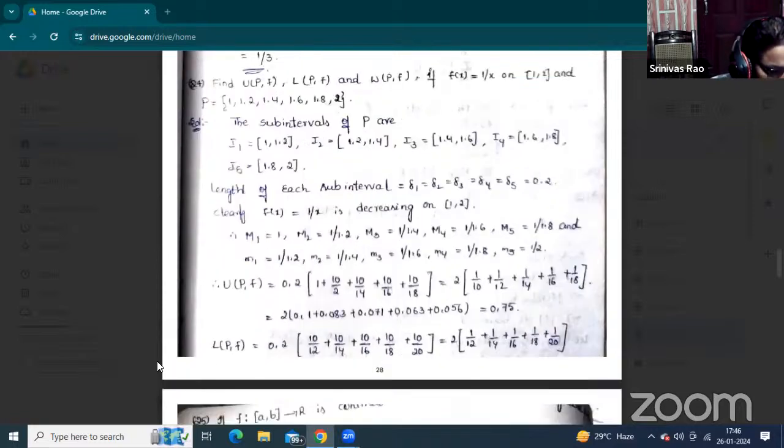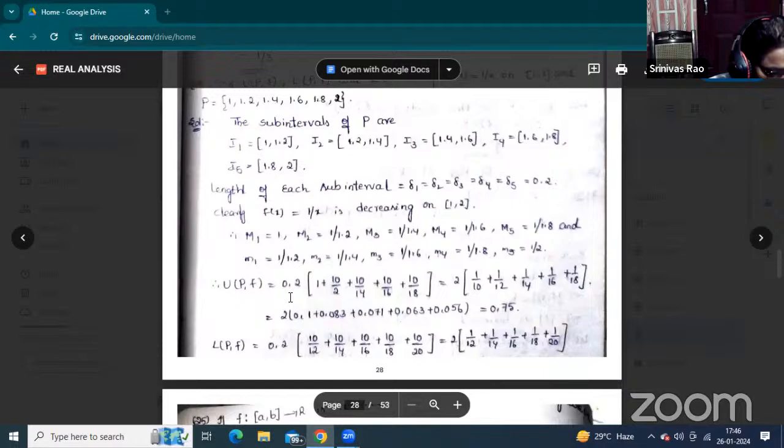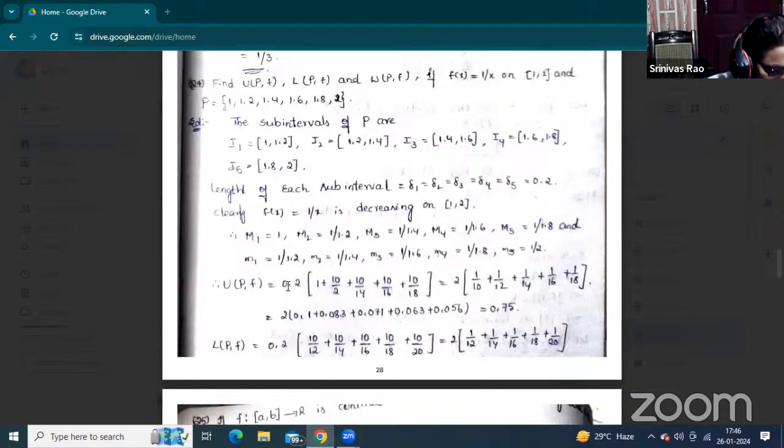So U(P, f), the upper Riemann sum: the length of all the subintervals is 0.2. Capital M1 is 1, capital M2 is 1 by 1.2. 1 by 1.2 can also be written as 10 by 12.